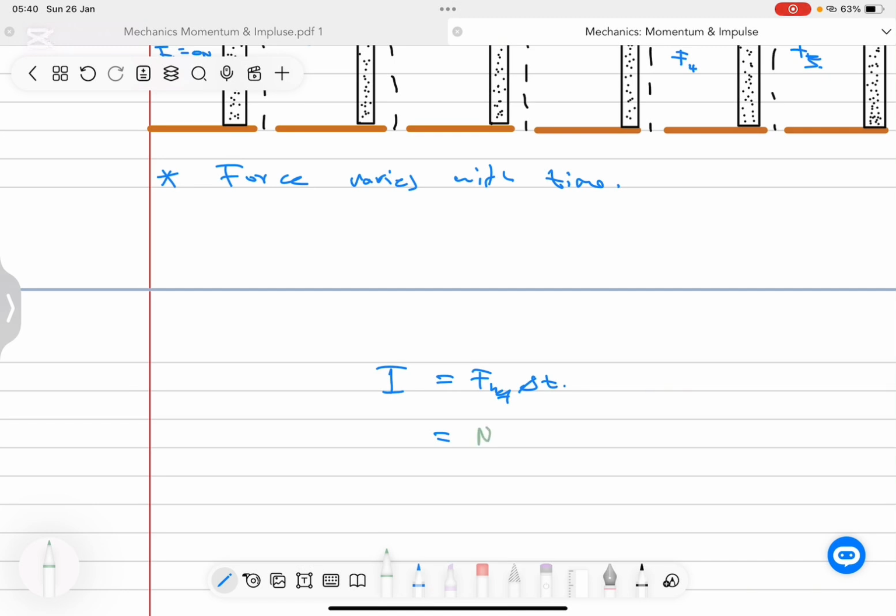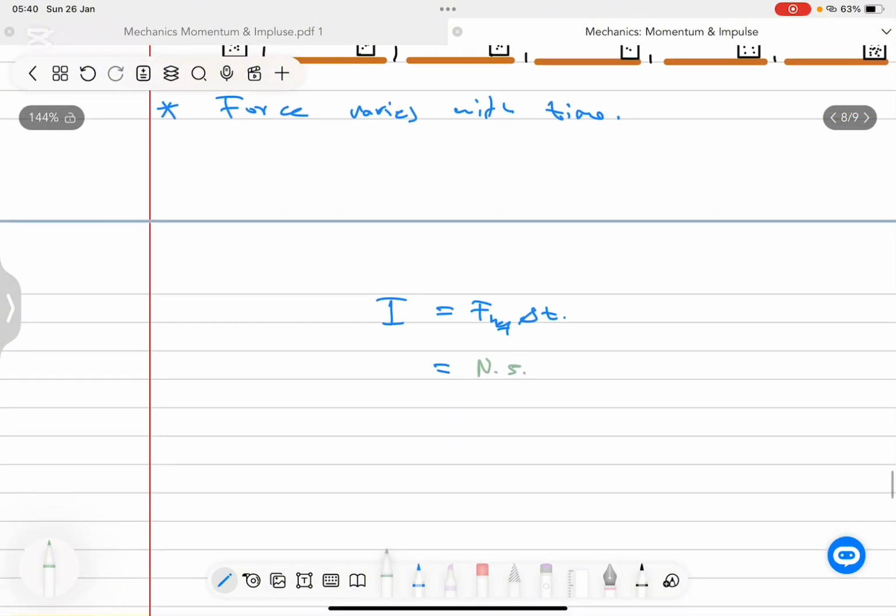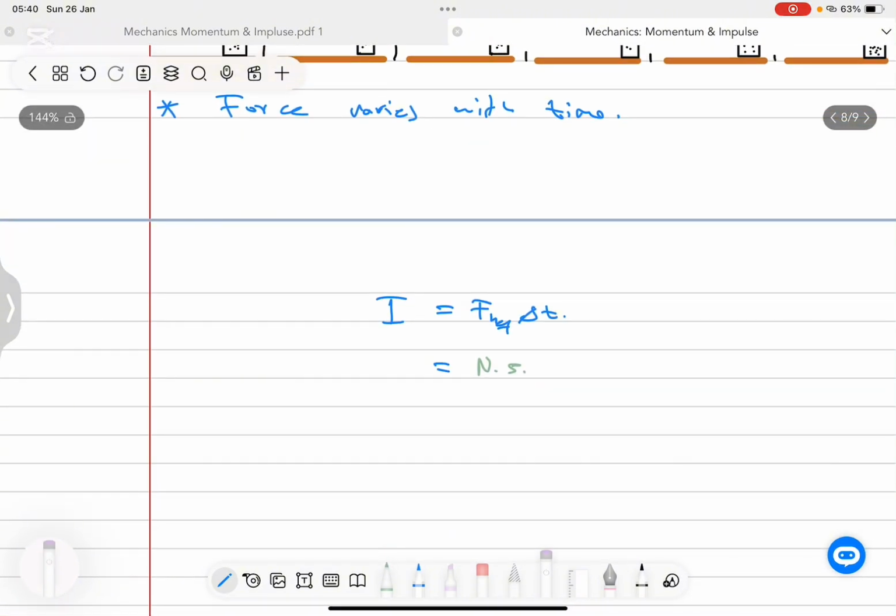So we're going to have newtons here, and we multiply that by the time, which is measured in seconds. Now, this is to say that the SI unit of impulse is newton seconds.